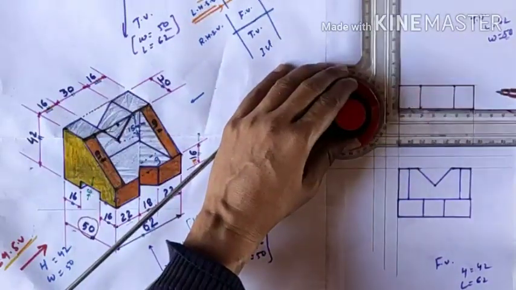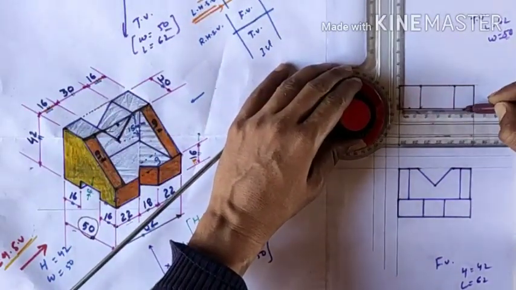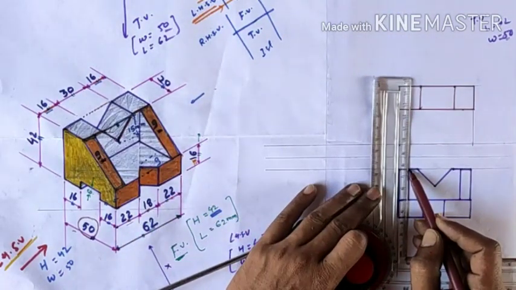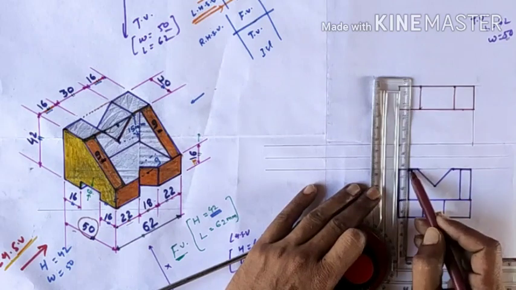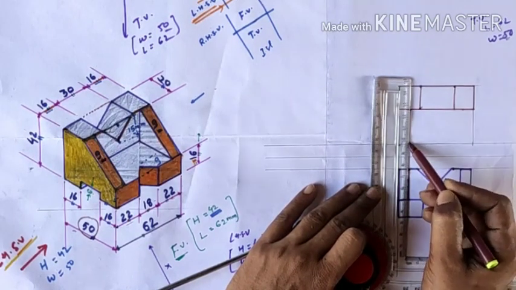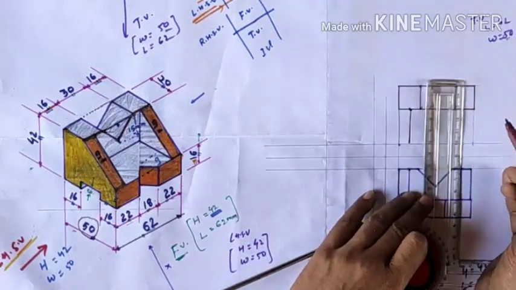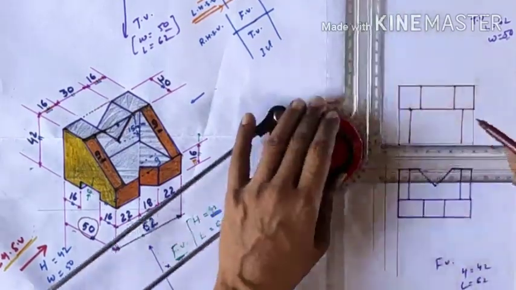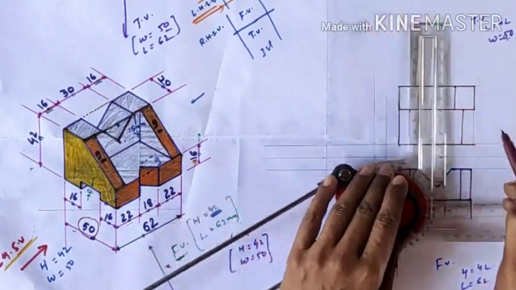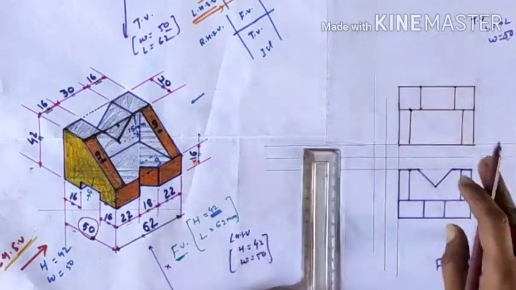Start marking 9 mm here, and from here again 9. You can make the 9 mm line extend this line on here, like this, and this also like this, and you just complete it like this.